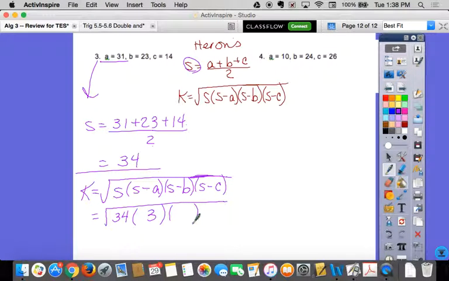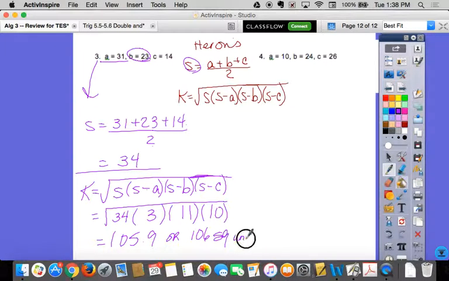And then 34 minus 23, that's 11. And then we've got 34 minus 14, there's 20. If you type all that in, it pops out as 105.9. If you just want to take that to 106, you're perfectly welcome. That is square units there.